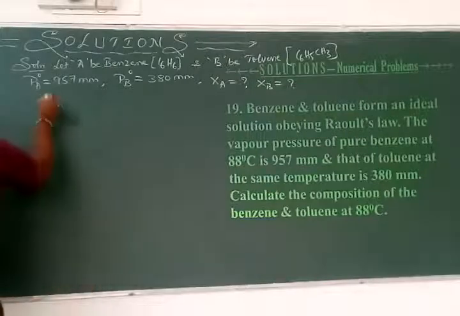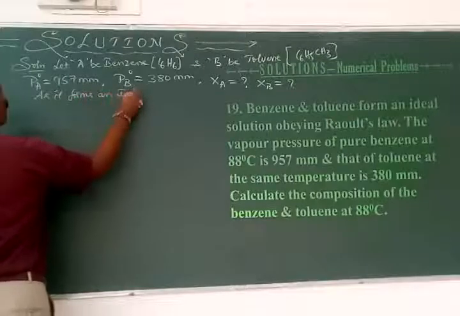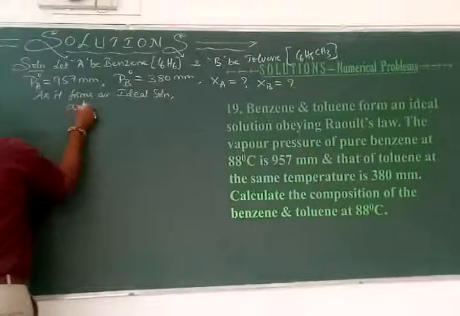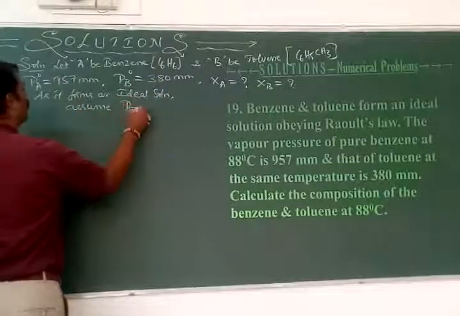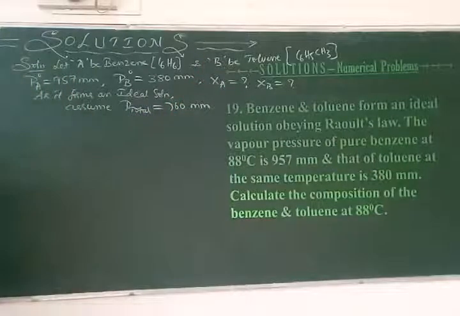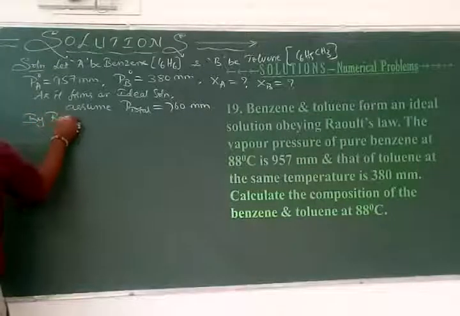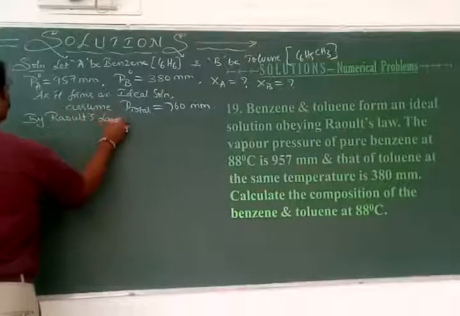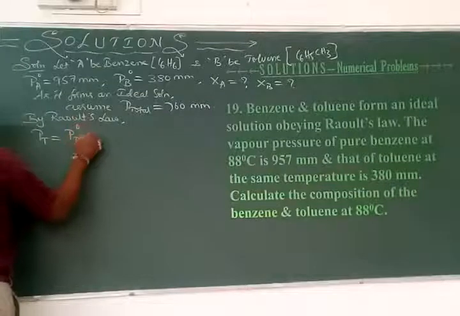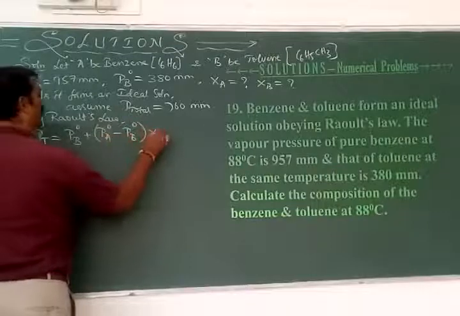As it forms an ideal solution, assume P total is found to be 760, the standard pressure. By Raoult's law, P total is equal to PB naught plus PA naught minus PB naught into XA.